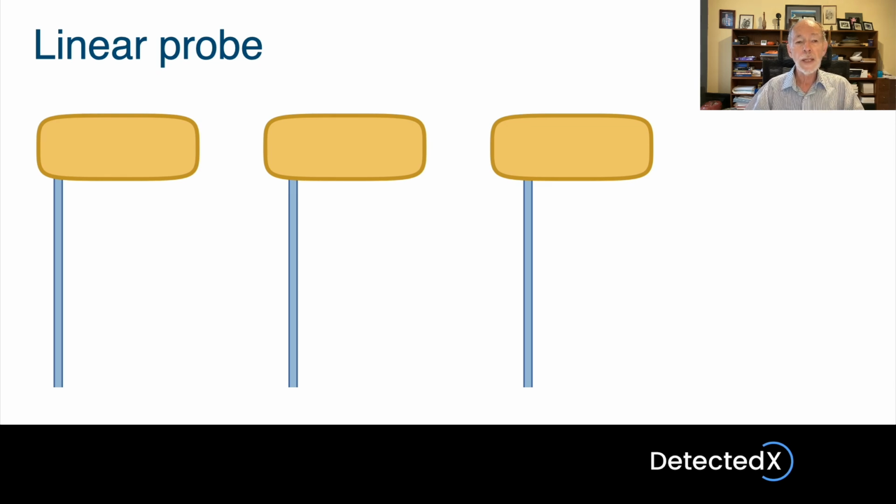Here we have a linear probe, and I've got a series of three diagrams showing three different beam positions. So on the left we have the beam in its first position. So the machine is pointing the beam in one particular direction. It transmits and receives echoes back from the tissues.